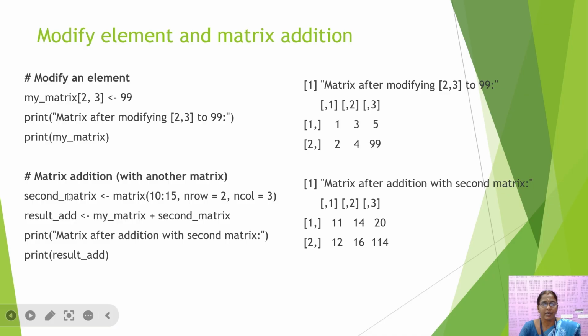After adding, the final result is stored in the variable result add. After that you have to display the values using the print command. The added values are displayed like this. After adding the first and second matrix, it displays the result like this.